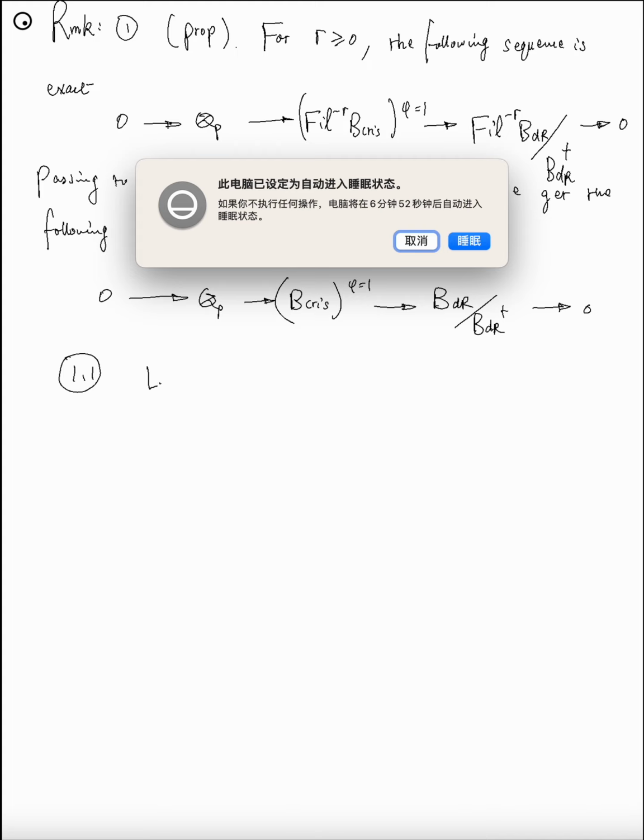If we set r equals 0 in the above remark 1, then what do we get? We get Q_p equals, and then this Fil^0 B_dR plus equals Fil^0 B_cris Frobenius equals 1, as a corollary of that, right?